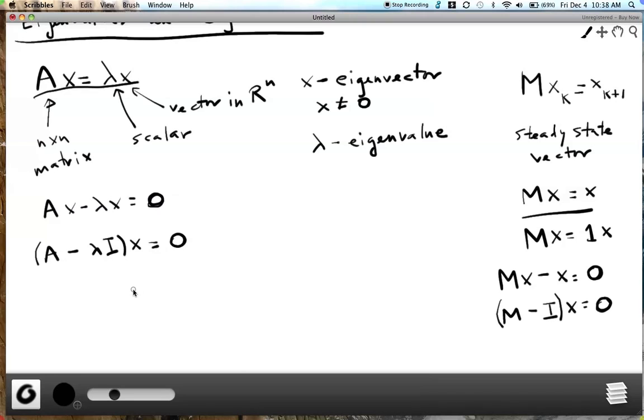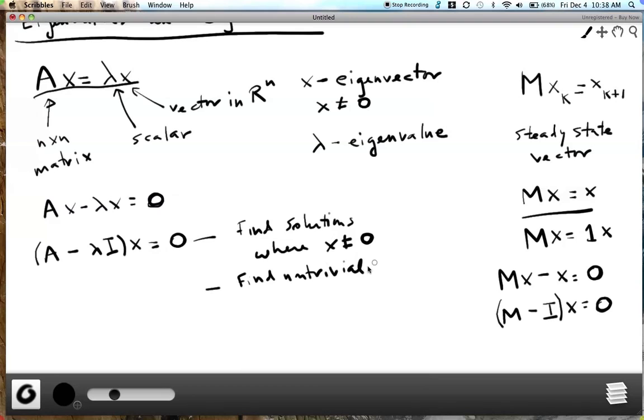So remember, we want to find solutions where x is not equal to the zero vector, right? So let's think about what that means. It means we want to find non-trivial solutions to this system. And then we need to think about, well, how do you find non-trivial solutions to this system?